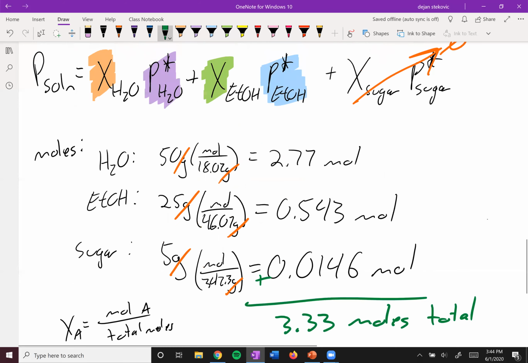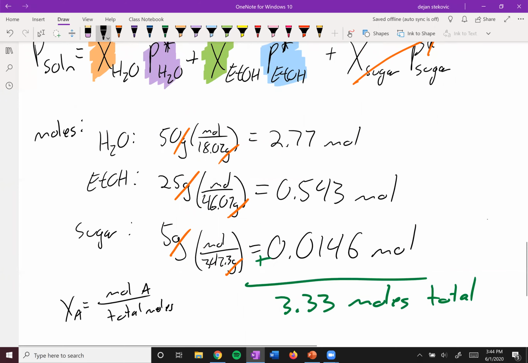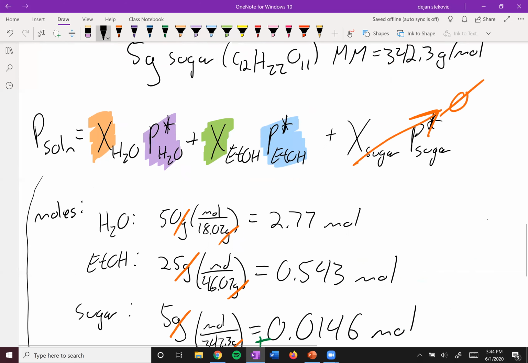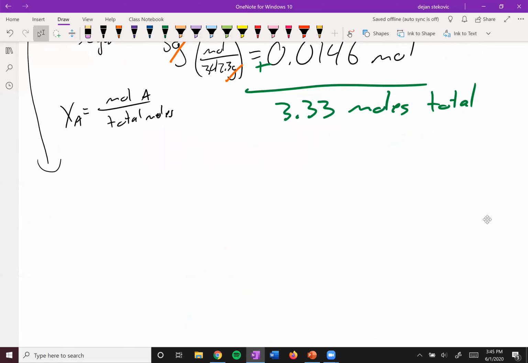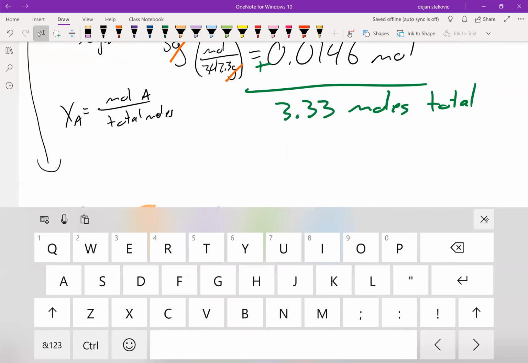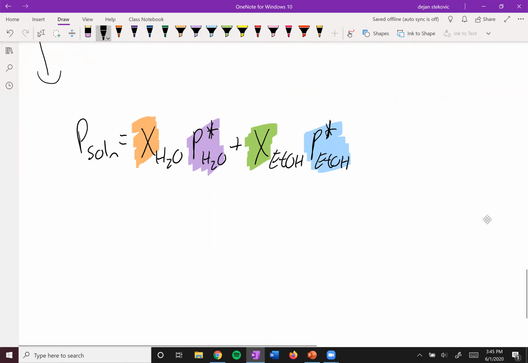And so now we just need to think about our equation up above here, and we just copy paste this down here. That other part went to 0, so we don't have to worry about that. And now we're just going to plug and chug our way through here.